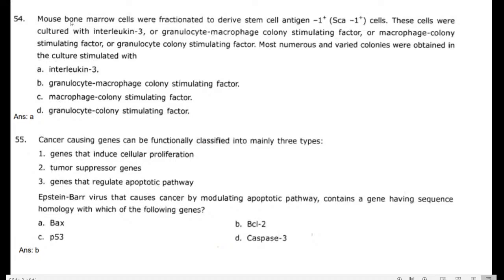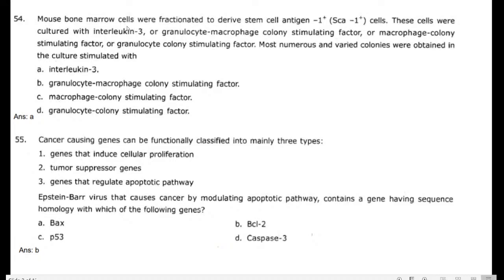Mouse bone marrow cells were fractionated to derive stem cell antigen 1 positive, Sca-1 positive cells. These cells were cultured with interleukin 3.